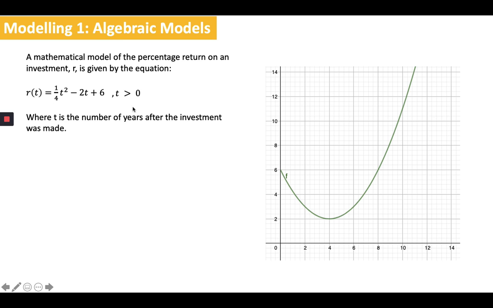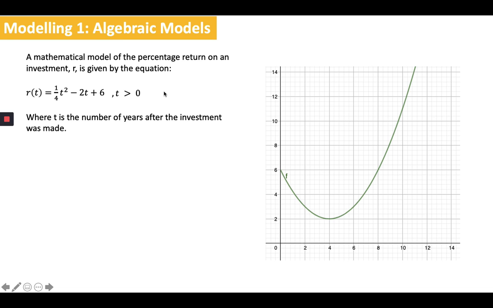Now, this will be a very common thing to see, that there may well be limits on the inputs for a particular model, and those inputs may well be defined by the context. So in this particular regard, we can't have negative time, or they could be defined by the maths itself. That's something we'll have to investigate and define for ourselves.